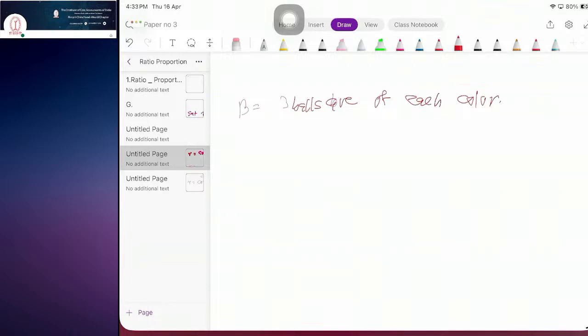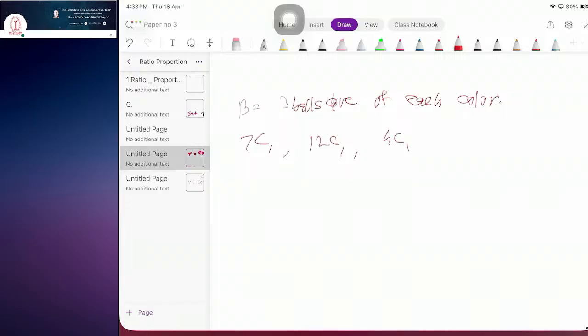That is our event. So let's find out the total number of ways how it is possible. There are 7 red balls, so that will be 7C1. There are 12 white balls, so that will be 12C1. And there are 4 green balls, so 4C1.